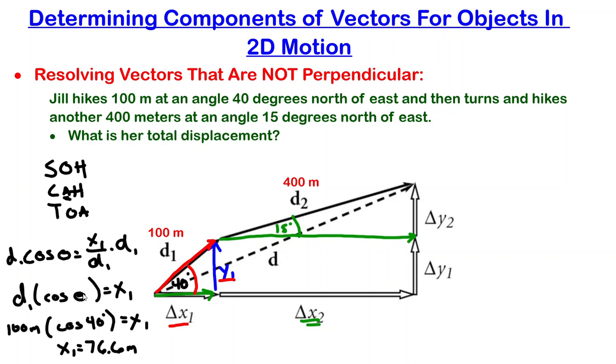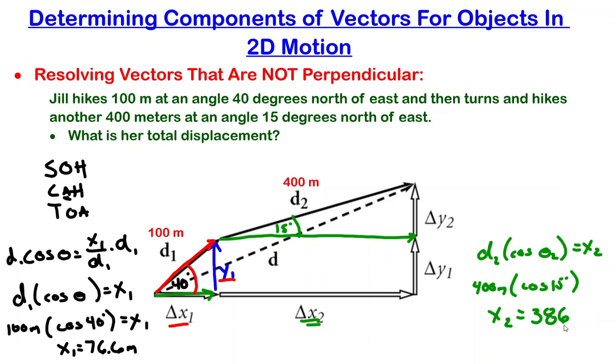Displacement 2 times the cosine of theta 2 is equal to x2. So in this case, it's 400 meters times cosine of 15 degrees. So x2 is equal to, when I put that in, cosine of 15 times 400, I end up with 386, if I'm staying at 3 sig figs, 386 meters.